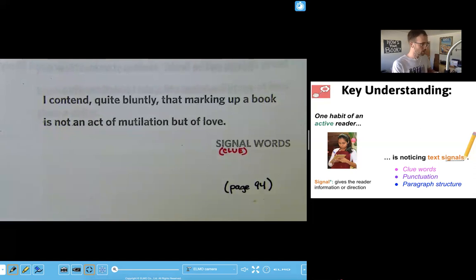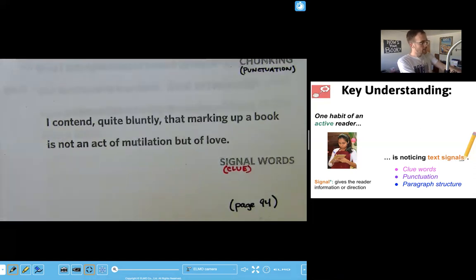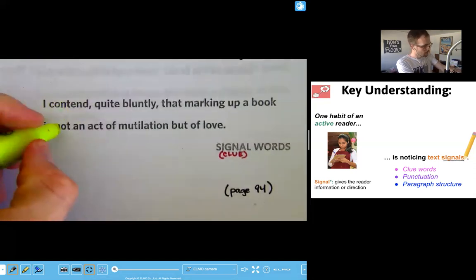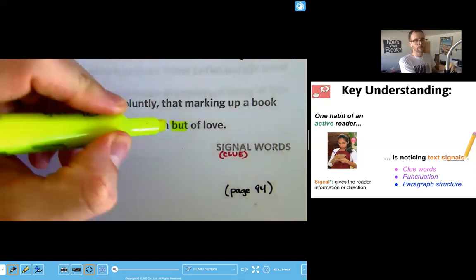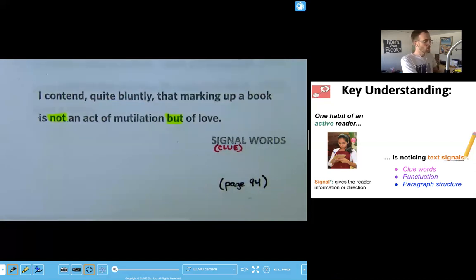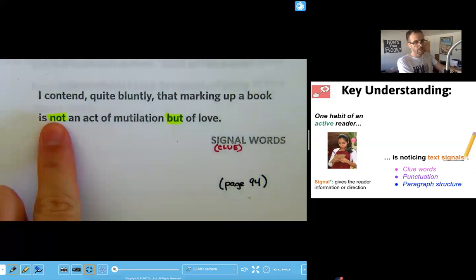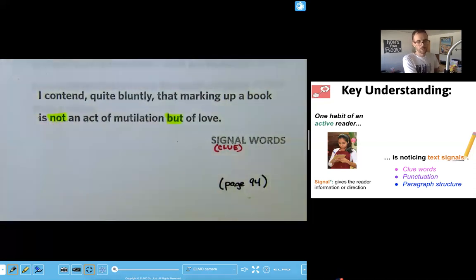And those words are the words "not" and "but." Now, you might be wondering why I chose those words. Well, let's talk about it. Sometimes words work together as a pair or a team.